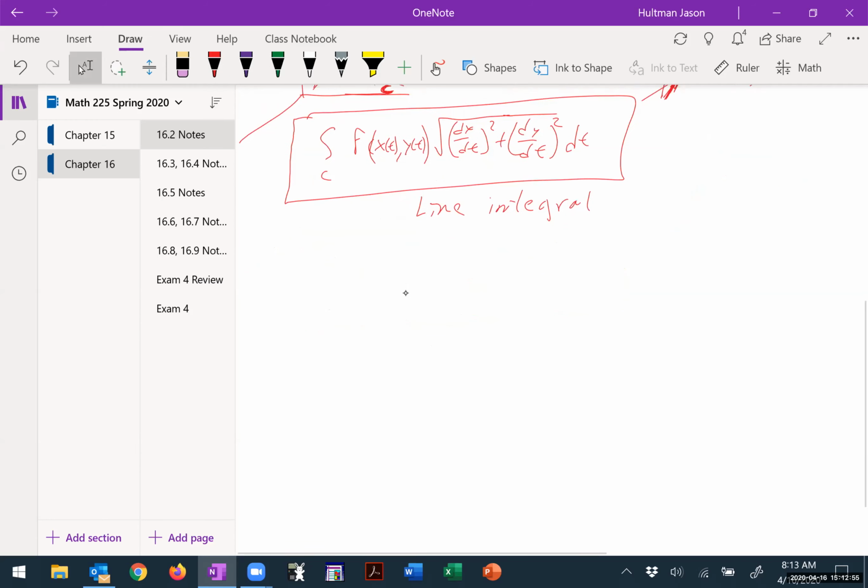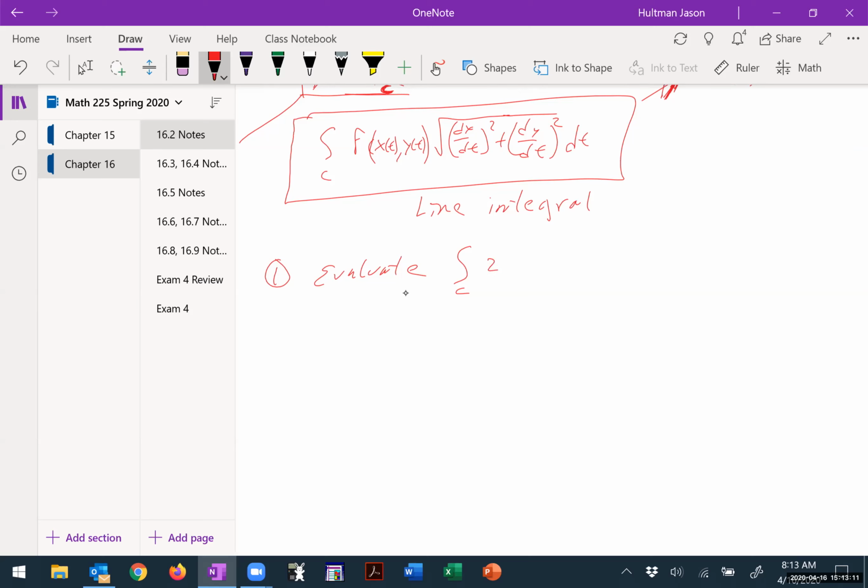Okay, let's jump into an example. Number one: evaluate the line integral on C. Think of C as my domain in my x and y region. What can x and y be?